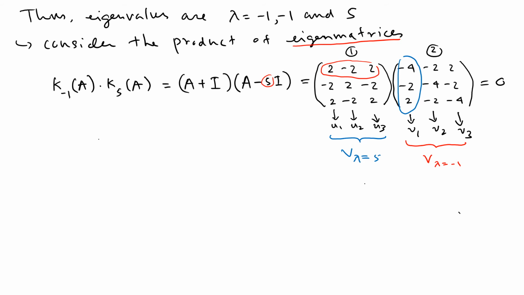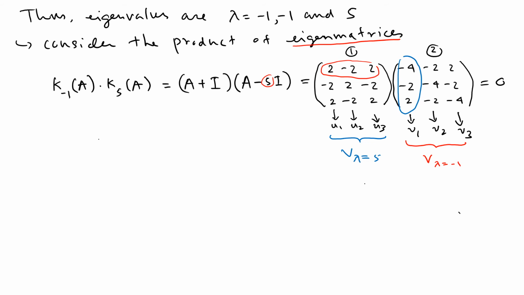If you divide the first column by 2, you get 1, negative 1, 1. That is also an eigenvector, because any non-zero multiple of an eigenvector is still an eigenvector.